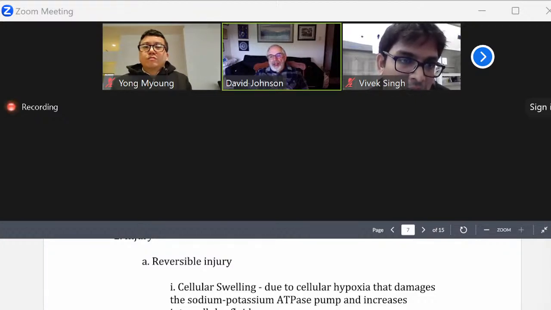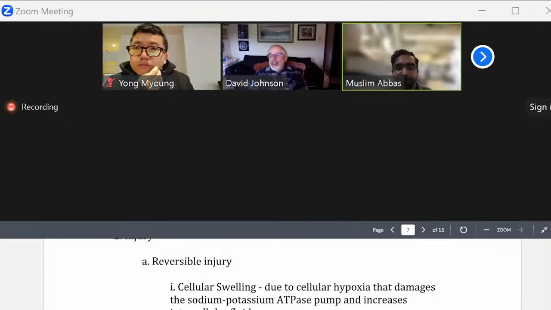And if the liver isn't working properly, you get things such as jaundice. You could also get abnormal bleeding because the liver is responsible for synthesizing clotting factors.